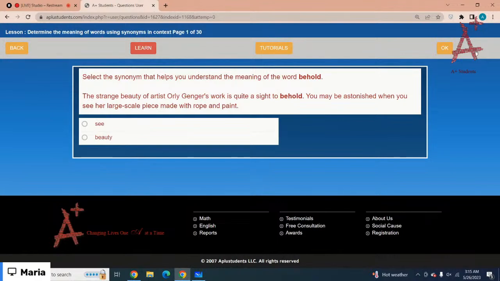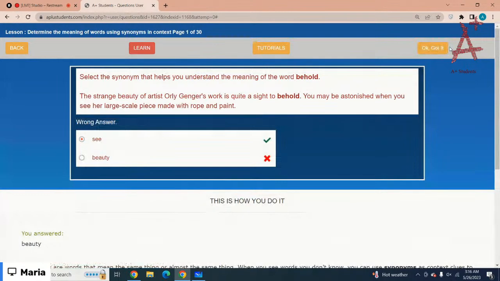So, which is the synonym of the word behold? It would be beauty. The correct option, the word behold means beauty.